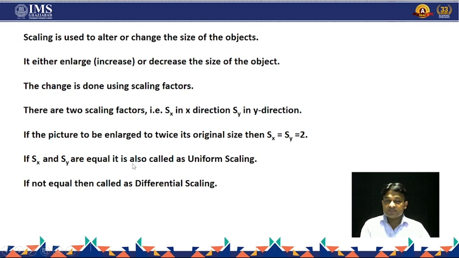If they have different values, let's say twice the size of an object in the x direction and thrice the size in the y direction, then the value of Sx becomes 2 and the value of Sy becomes 3. This is an example of differential scaling.